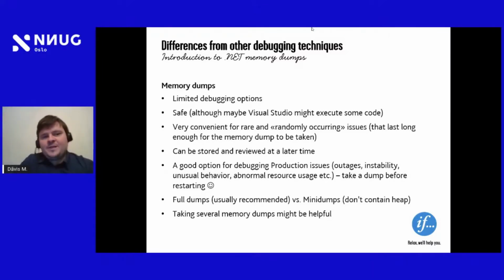They offer limited debugging options. Things like inspecting variables, thread stacks, etc. They should be available, especially if it's a full dump that contains all the memory. And other things like stepping into code, actually executing code, they won't be available.